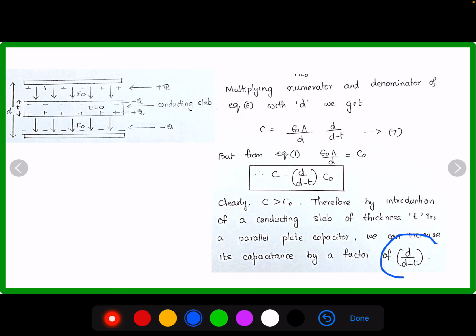So it is increased by a factor of D by D minus T.